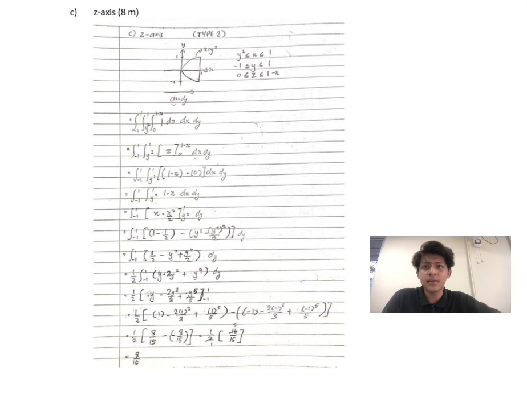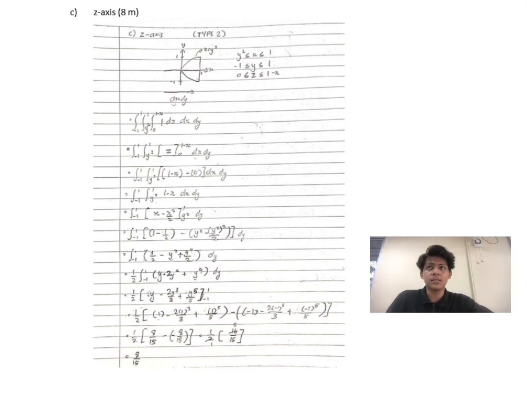Then we integrate dx and substitute the range given, and we got 1 over 2 minus y squared plus y to the power of 4 over 2, dy. Finally we integrate dy and substitute the range for y, and the final answer we got is 8 over 15.